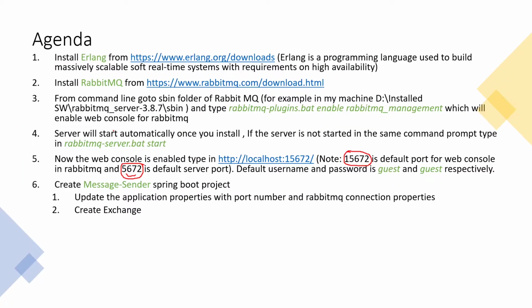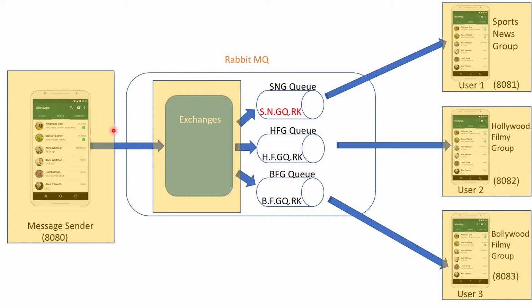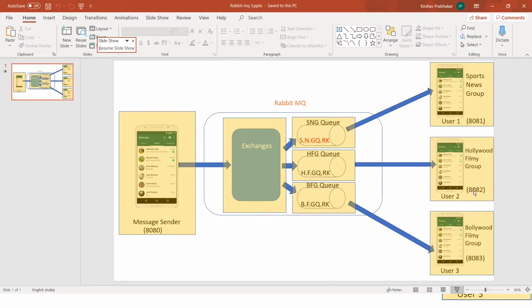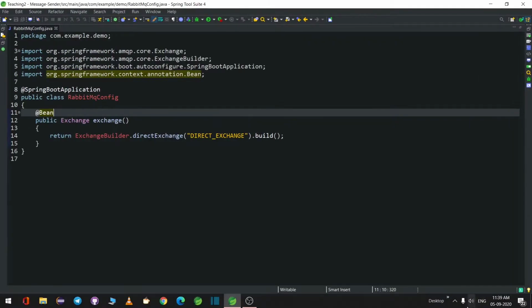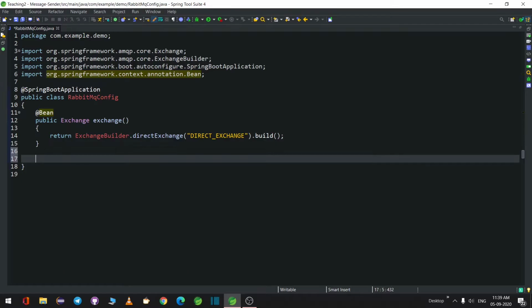We'll go back. What to do next? Once we are done with the exchanges, let us go ahead and create three queues. First queue I'll be creating is SNG queue, HFG queue, and BFG queue. These three will be queues I'll be creating now. Back. So in the same way we created exchange, we have to create the queues. Public queue, I'll say sports queue.